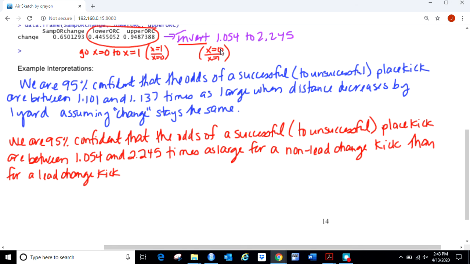Now, just as before, we also have to account for the distance. So this would be assuming distance stays the same.